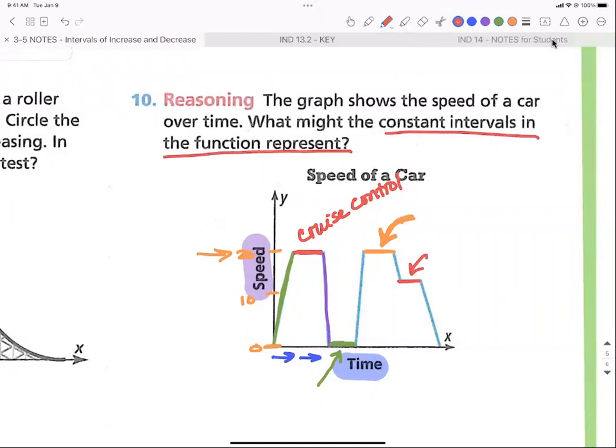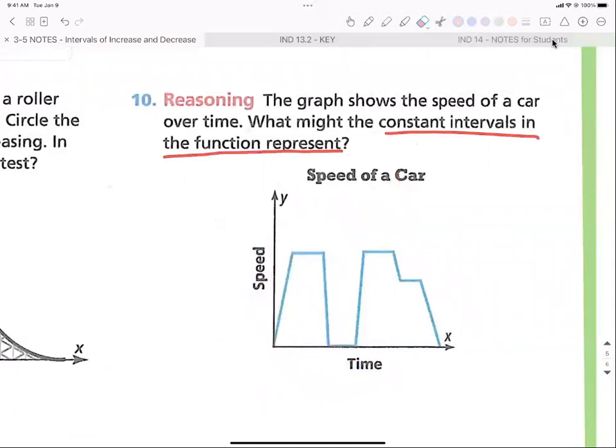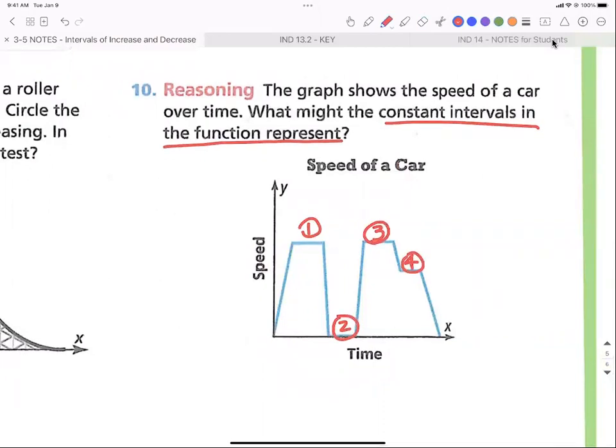You've got 4 constant intervals. You've got one here, one here, one here, and one here. You need to say what's happening at each one. At the first constant, what's happening? At the second constant, that one's kind of unique because it's all the way down at 0. And then at the third and fourth constant.